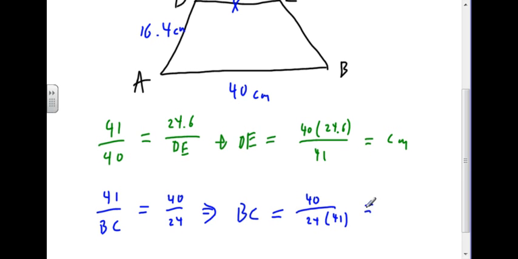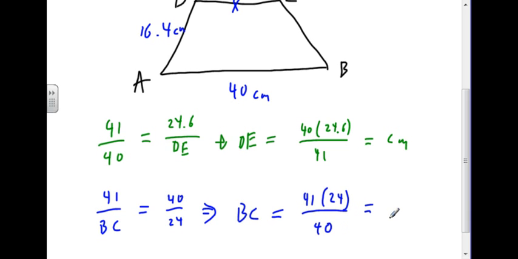Well, that seems awful small. How could I possibly do that? That guy goes on top. Oh, gee. 2 minutes to get it right. Okay, so that guy goes on top. I got 41 times 24 divided by 40.